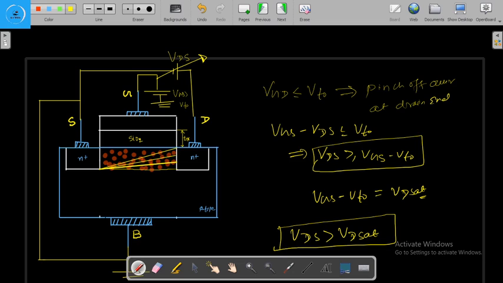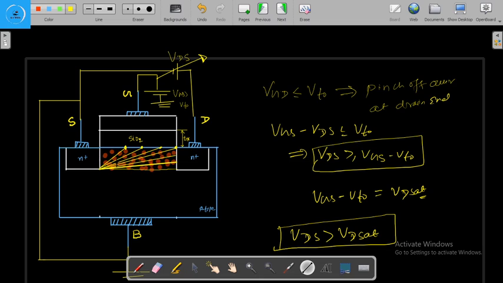So what happens when we increase the VDS beyond the VDsat? This pinch off point starts moving from the drain end to the source end, as we are increasing the VDS beyond the VDsat.